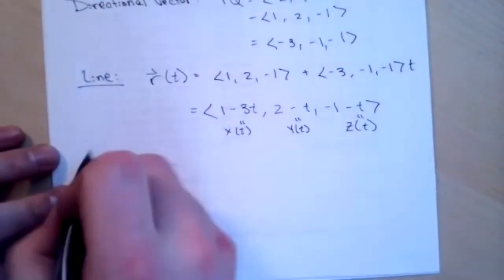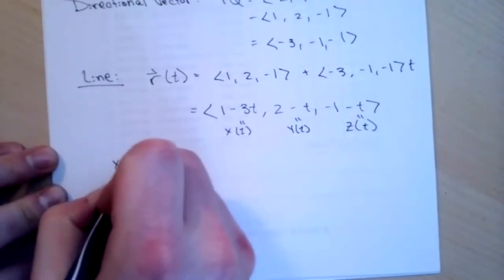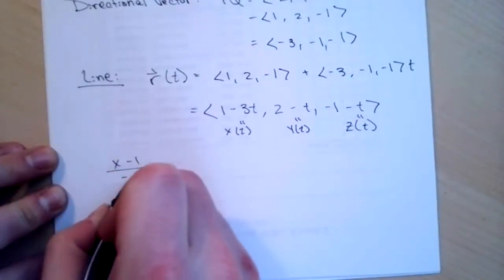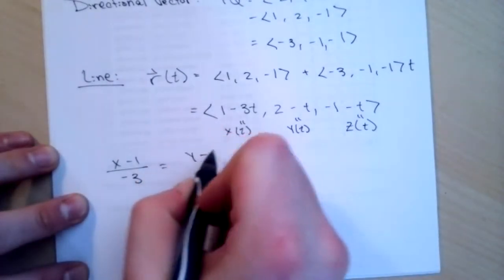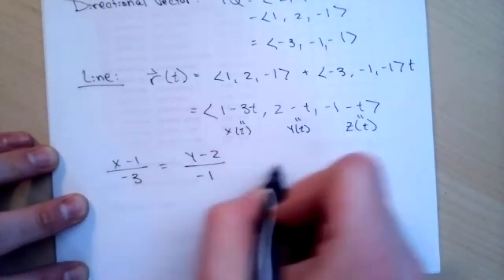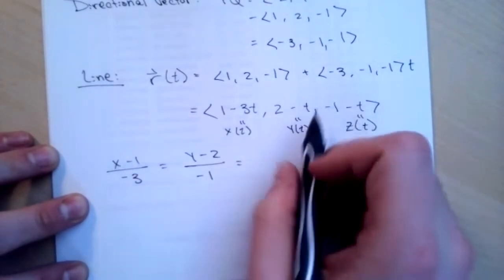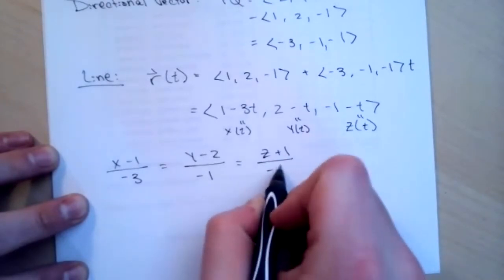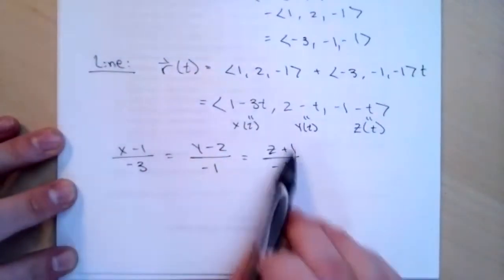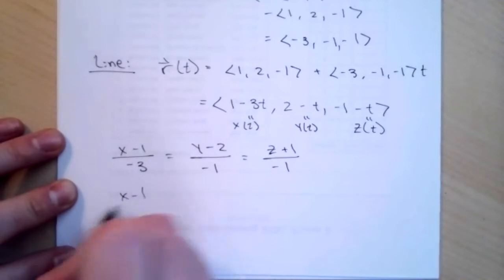And then our symmetric equations, we're going to have x minus 1 over negative 3, equal to y minus 2 over negative 1, which is equal to z plus 1 over negative 1. And so these will be our symmetric equations.